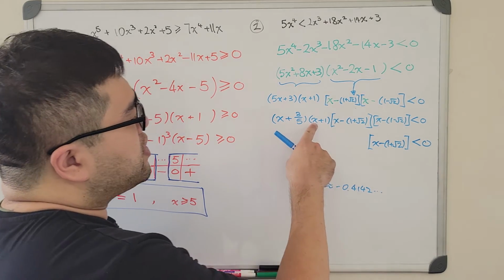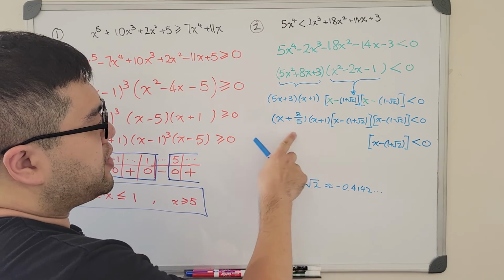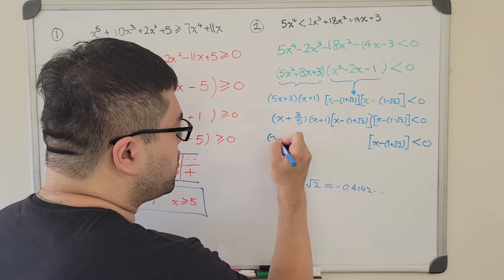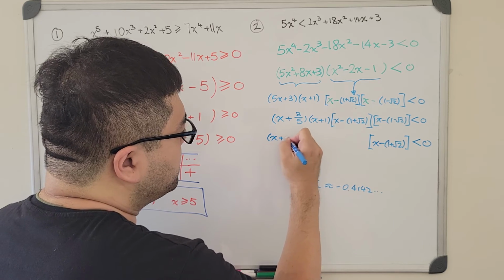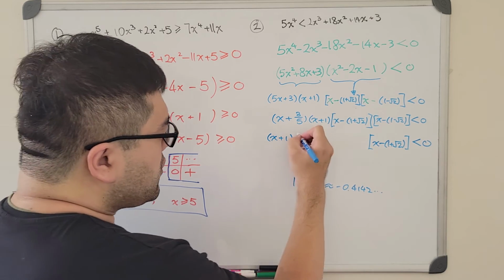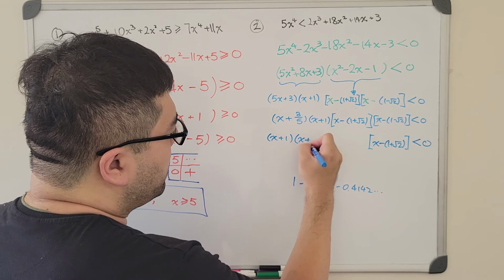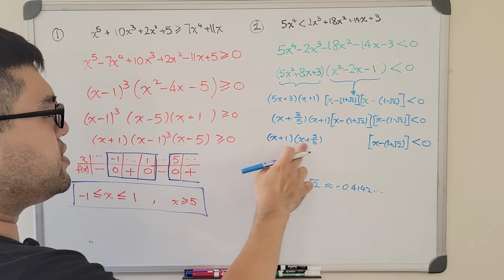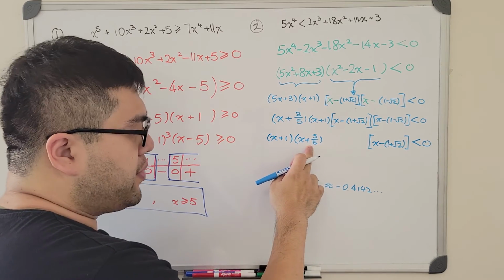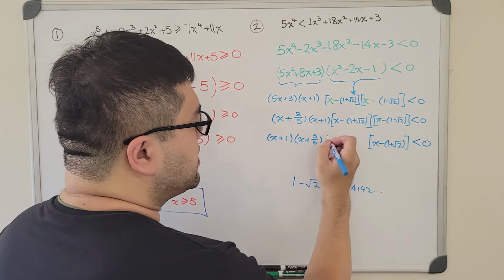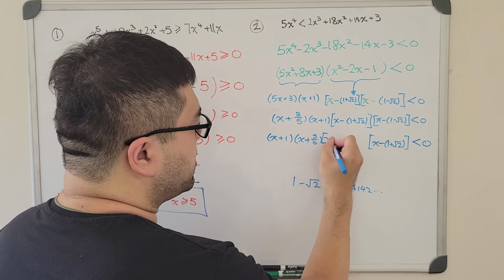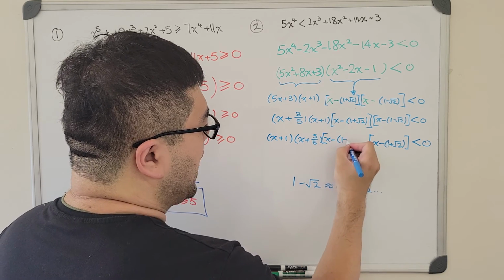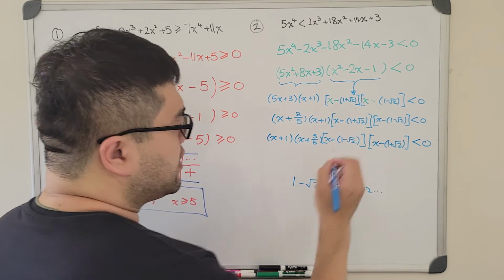So now we know that the order of these three will be x plus 1 or x minus negative 1, and then times x plus 3/5. Again, this is actually the smallest. This is a little bit bigger, and this is bigger than the other two. So we'll put this after, like this.